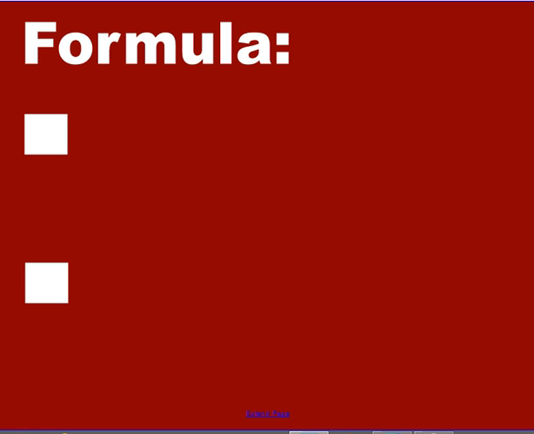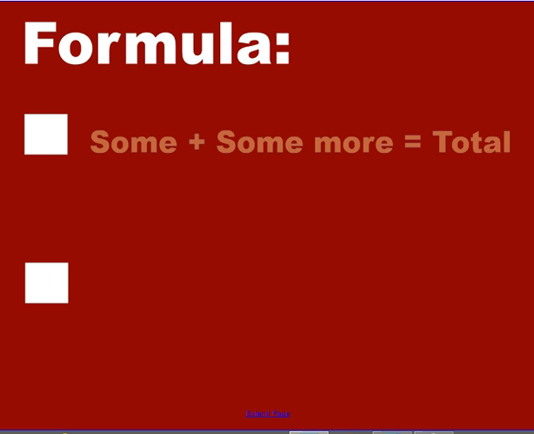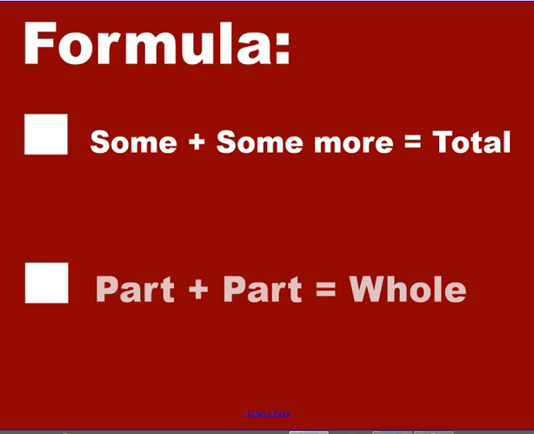So there's a formula that I already used that can help you solve these problems. There are some addition problems about parts adding up to a whole. One of the formulas is some plus some more is going to equal a total. Another formula is a part plus another part is going to equal a whole.